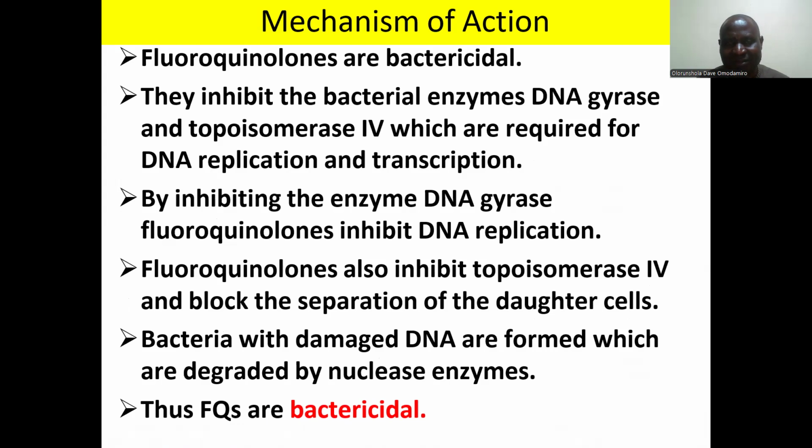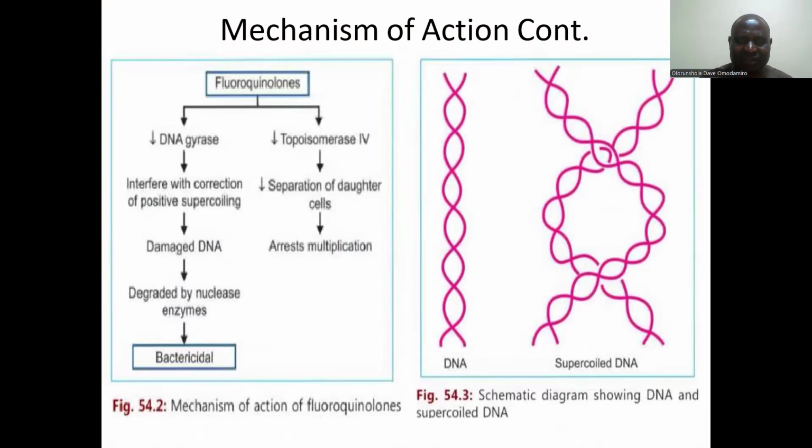The separation of the daughter cells is a result of the presence of topoisomerase 4. When this enzyme is inhibited, the daughter cells will not be able to separate. Once they are not separated, the DNA will be damaged, and of course, the bacteria will die. This is the mechanism of action, very interesting.